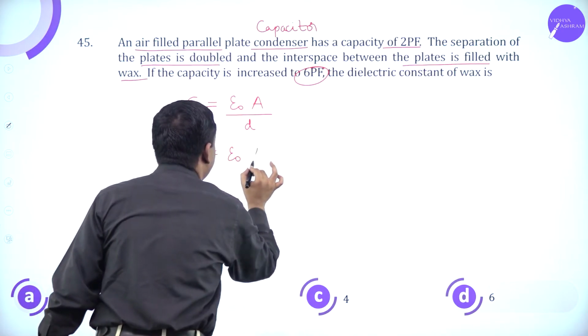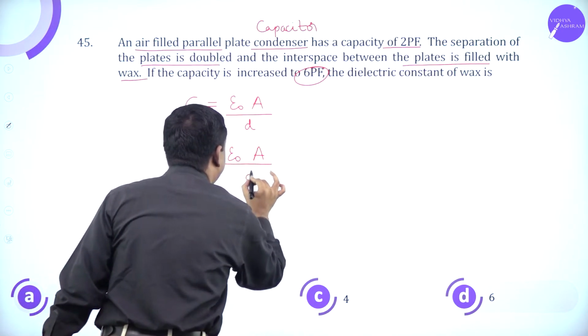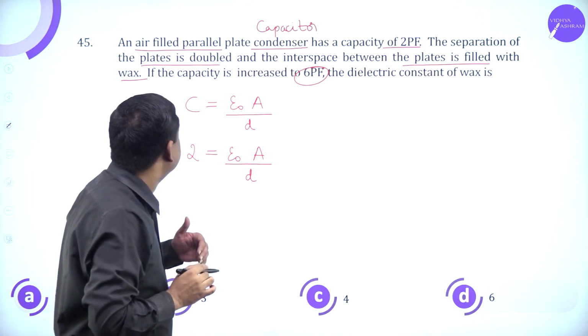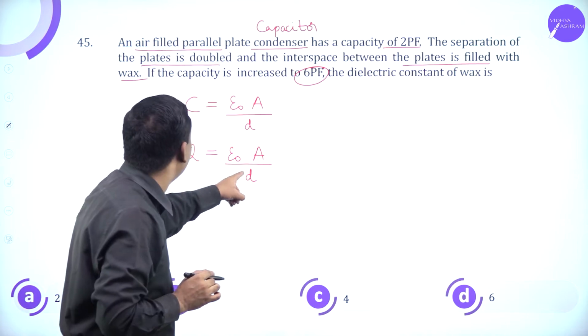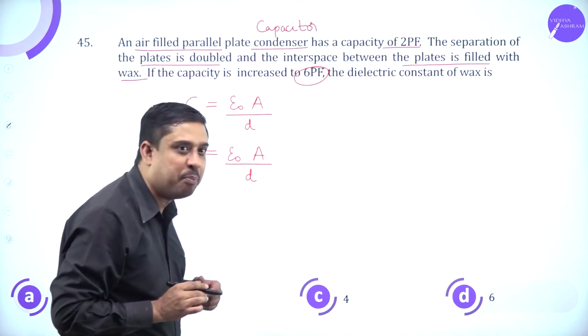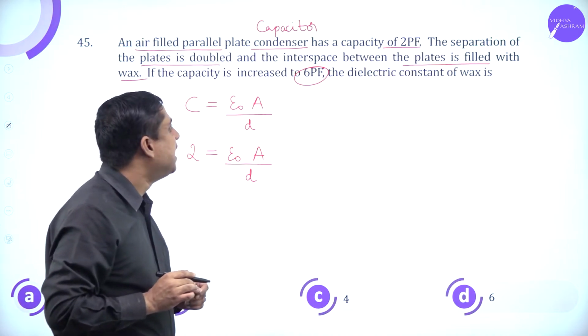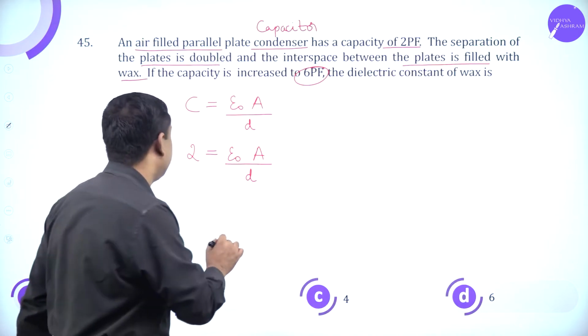So epsilon naught A divided by D. Next, the separation of the space is doubled and the space between them is filled with wax.